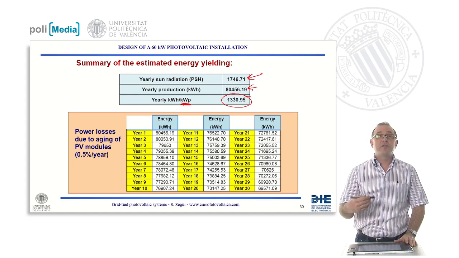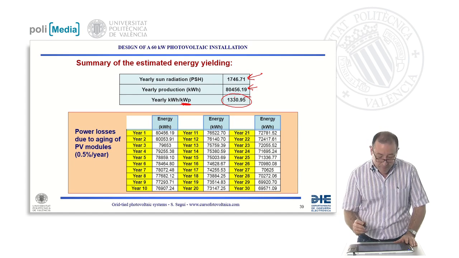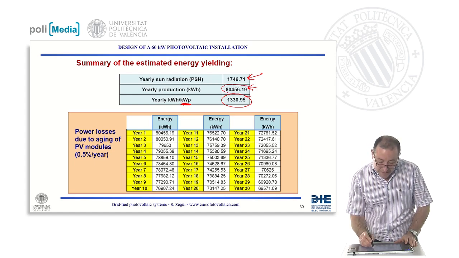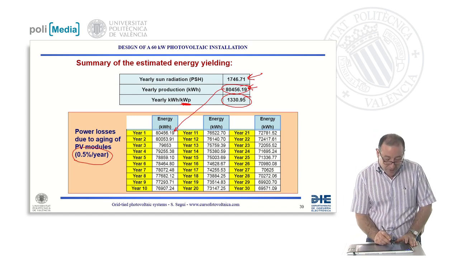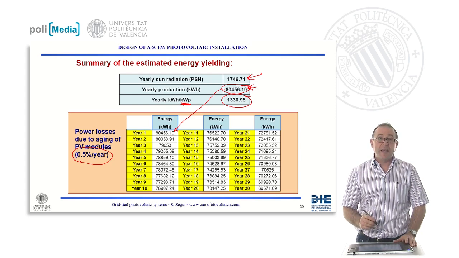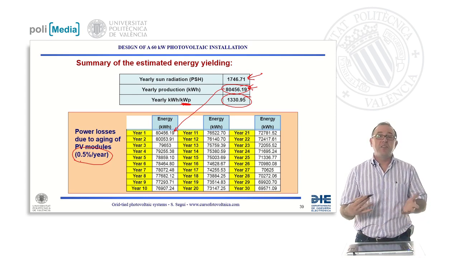But after some years, due to degradation of the modules, we are going to have a reduction in the energy produced by our photovoltaic plant. So the first year we are going to have this production, and we are considering losses of 0.5% every year due to the degradation, due to the aging of the modules.